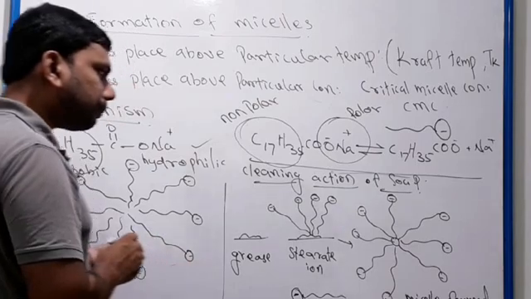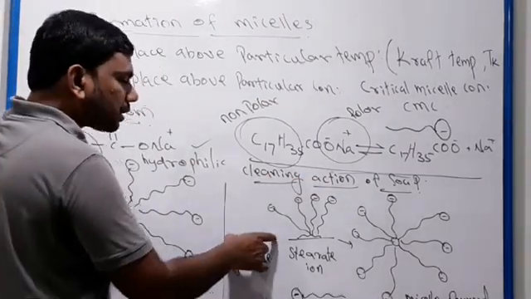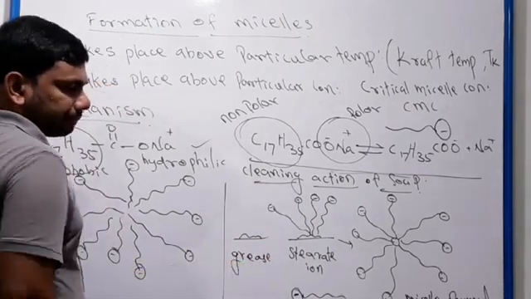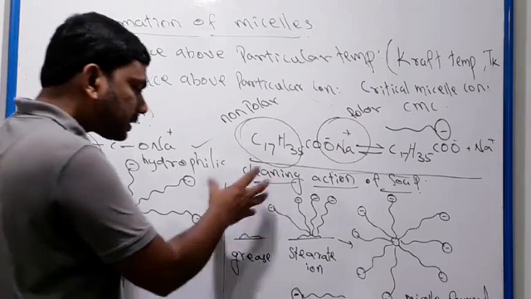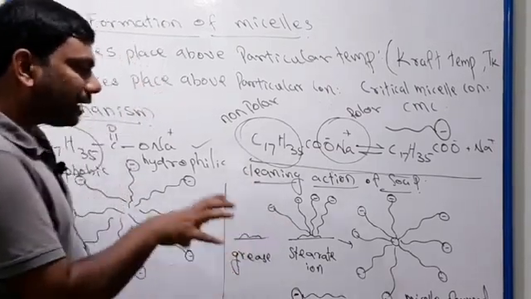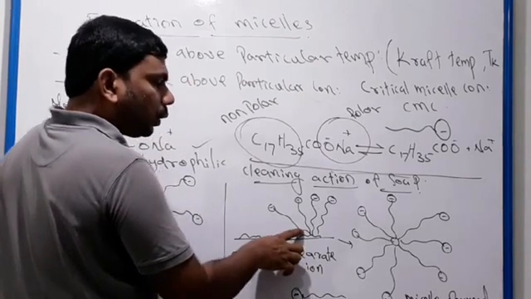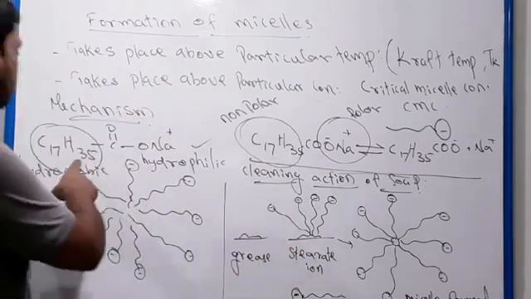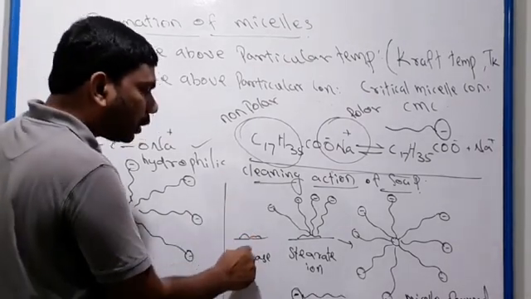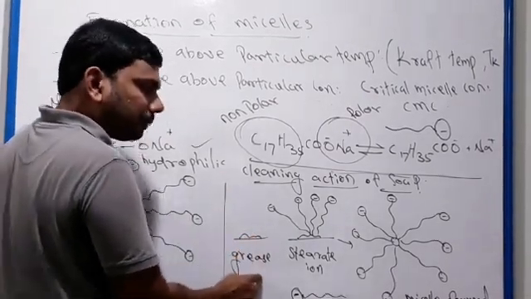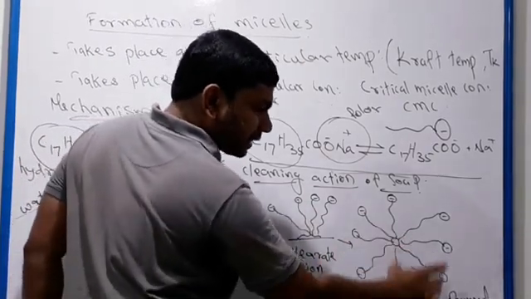I will repeat once again the cleaning action of soap. Here is the cloth with oil or grease, which is hydrocarbon. When we put this in soap, which contains hydrocarbon, the hydrocarbon part, or hydrophobic part, of the soap will attract on the oil or grease. After that it forms a micelle.